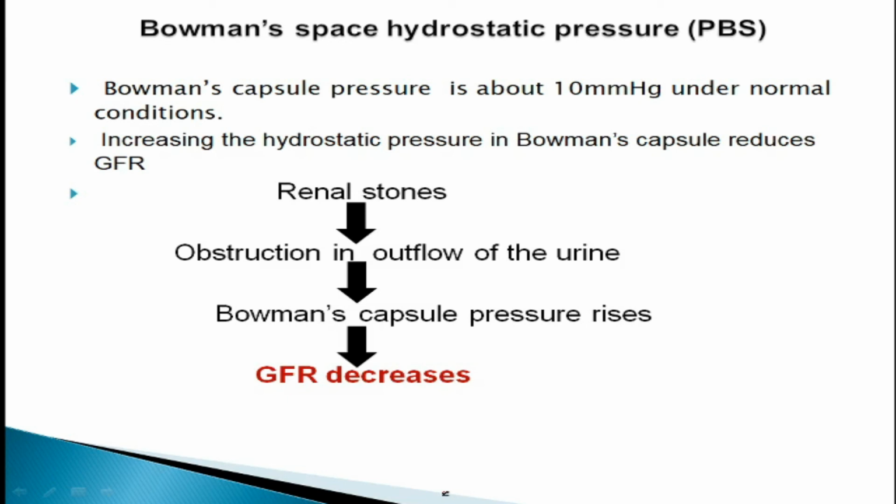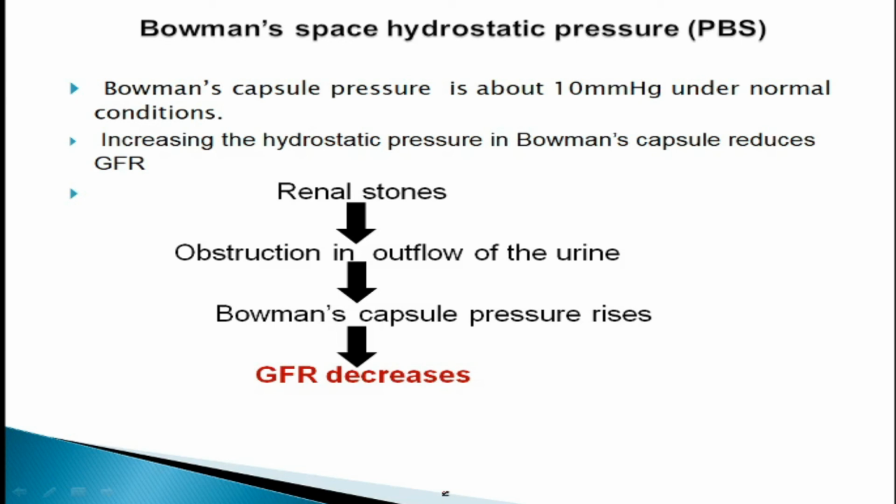So Bowman's capsular pressure will rise in such a condition, and whenever the Bowman's capsular hydrostatic pressure rises, it is going to decrease the GFR. So this explains the third determinant of our glomerular filtration rate.